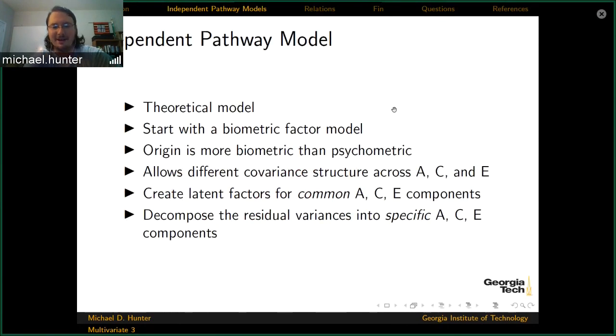So again, this independent pathways model has more of this biometric origin, where you create separate factors for A, C, and E, and decompose the variance across those more specific components.